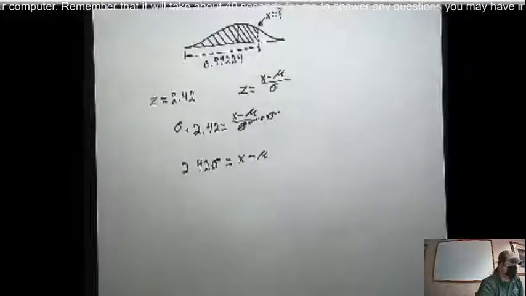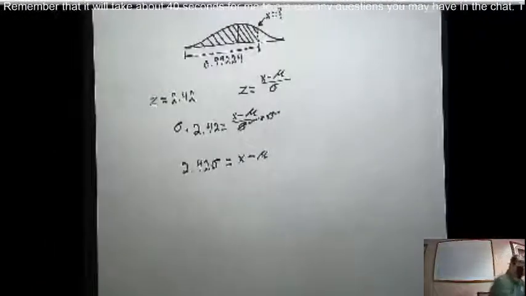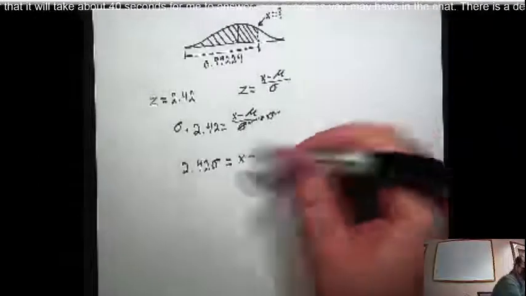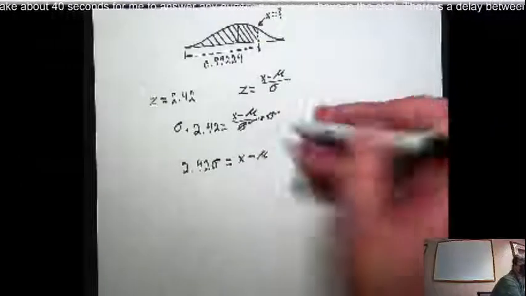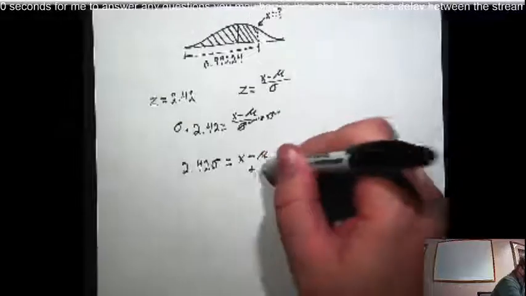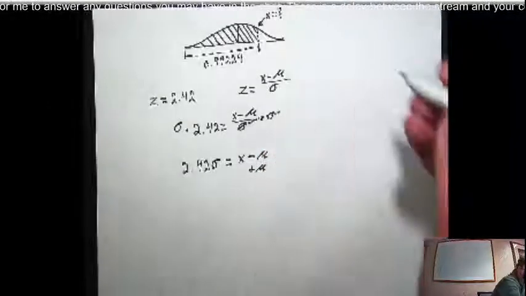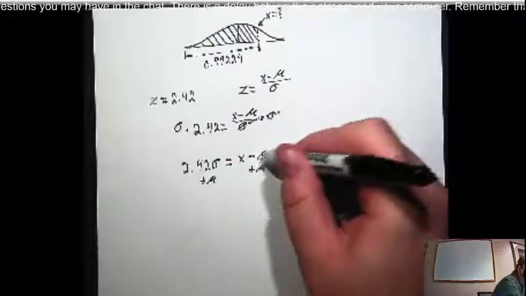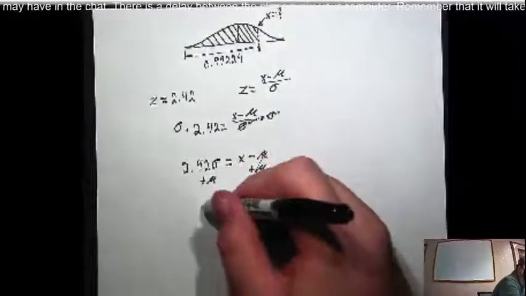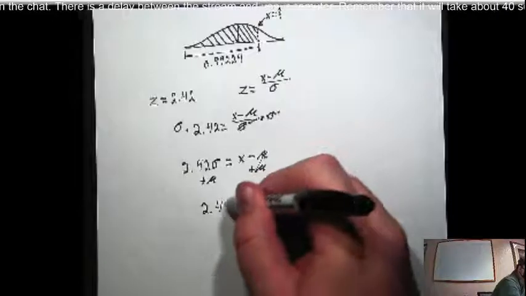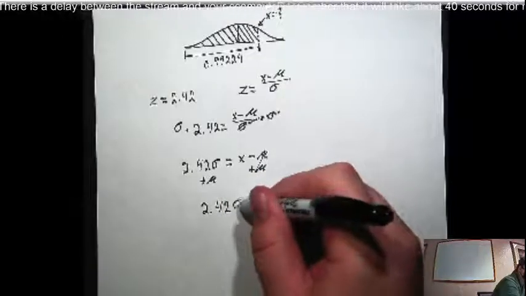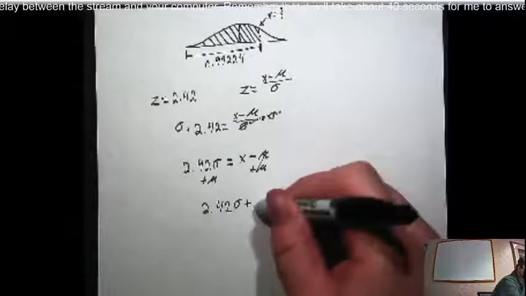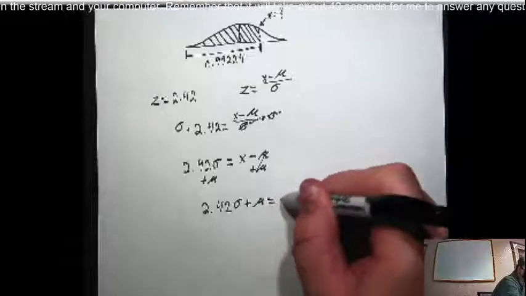Now there's only one more thing we need to get rid of, and that's mu. Right now we have x minus mu. The opposite of that would be plus mu. Do that to both sides. Again, that cancels because they're opposites. And we have 2.42 sigma plus mu equals x.